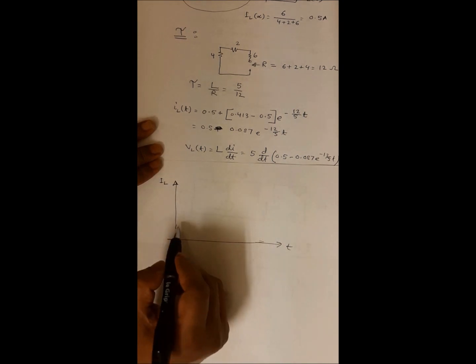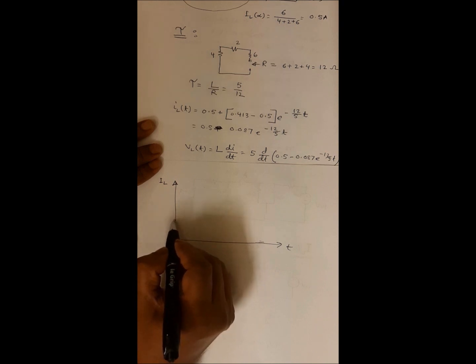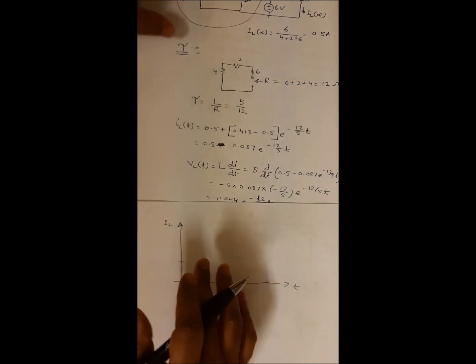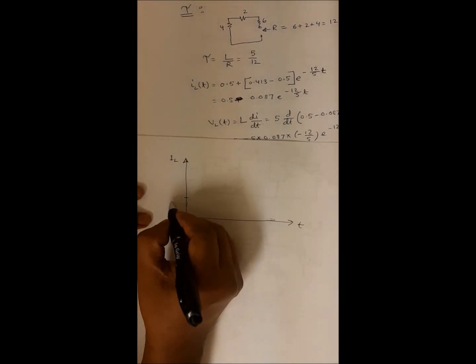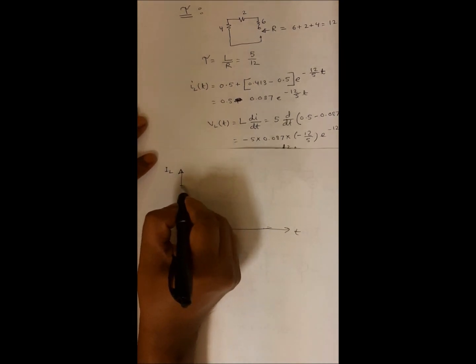At t equal to 0, we know the value: IL0 is equal to 0.413. At t infinity we got the value 0.5.